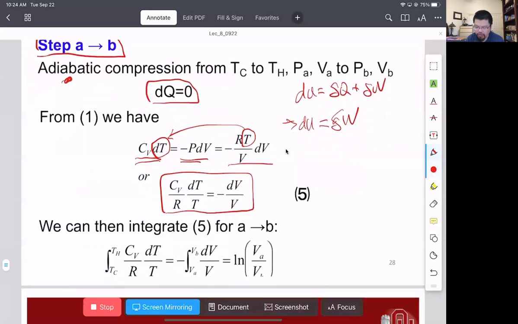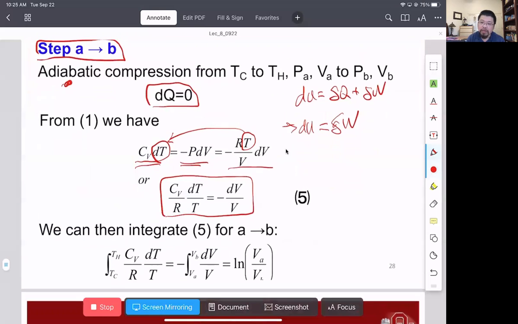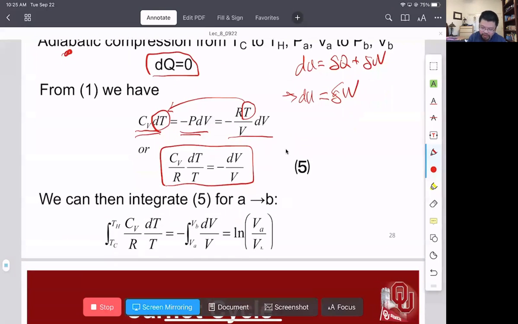So now we are going to use equation 5 on both units for the adiabatic process. One is compression from A to B. The other is coming out of C to D, right? This expansion. So simply running the integration, we are going to have this term. The same would be that term.